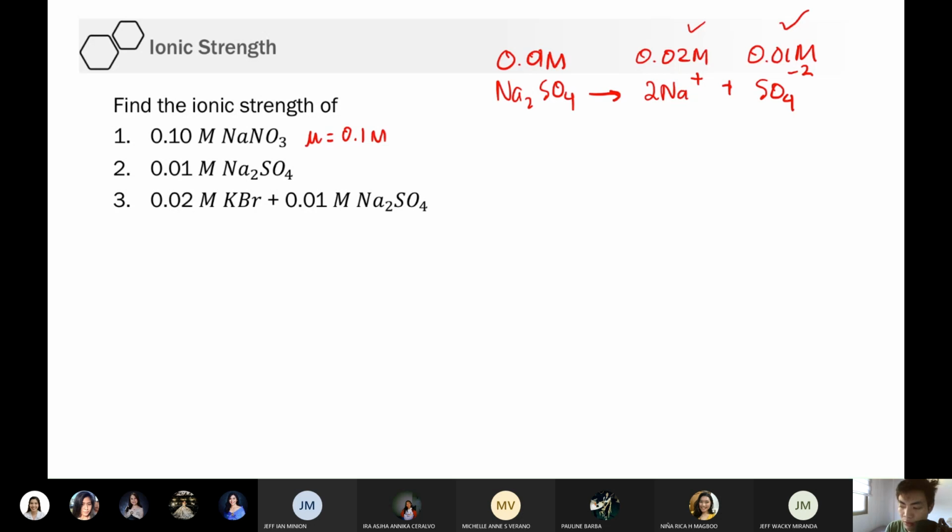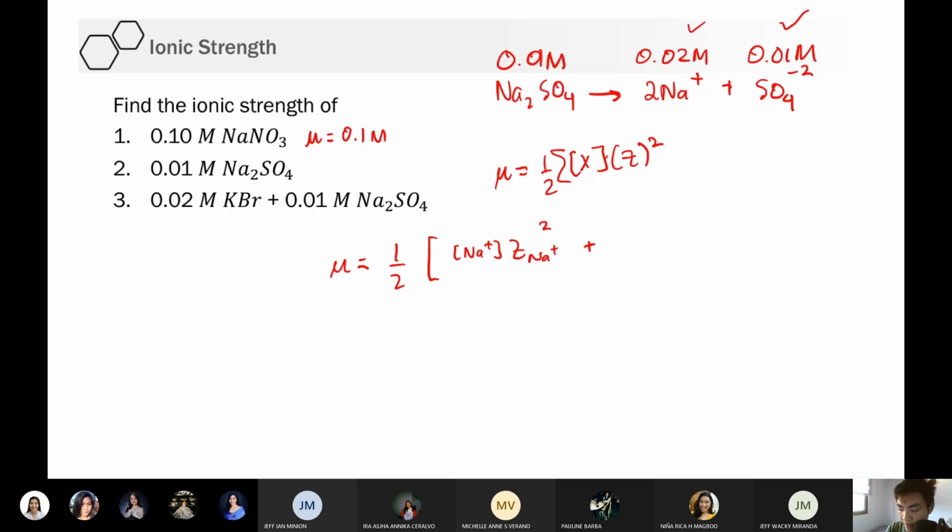We can now plug it into our formula for ionic strength. So that's mu equals 1/2 the sum of the concentrations times their charges squared. Let's write the mu expression for this problem. Mu is 1/2 the sum of the molarity and the product of charge of sodium and sulfate ion. For sodium, we write the square bracket of sodium times the charge of sodium squared.